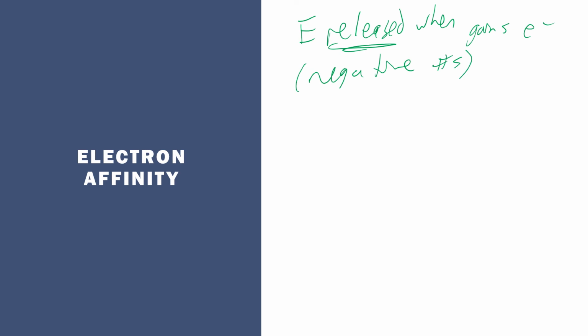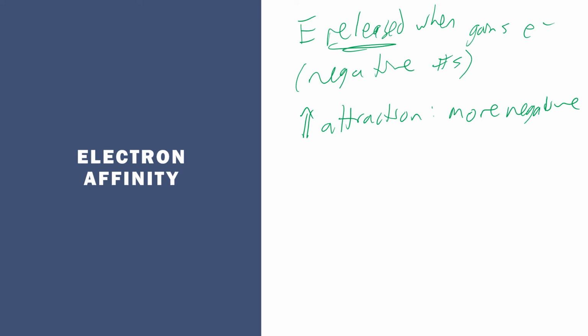But we say the affinity for it, the attraction toward it, is greater when it has a larger negative number. So greater attraction to gain those electrons when you have a more negative number, because it's releasing more energy.